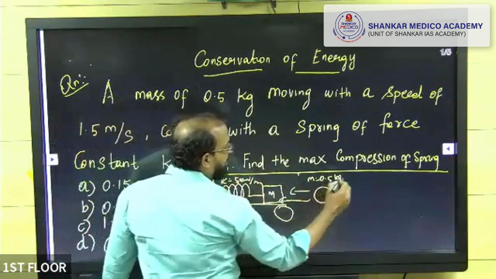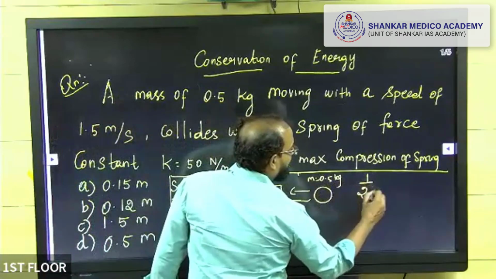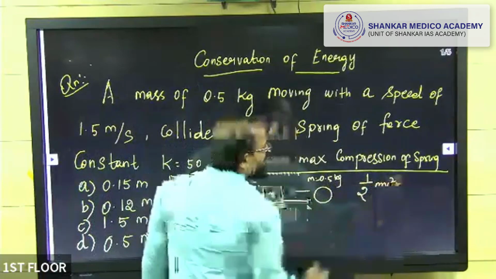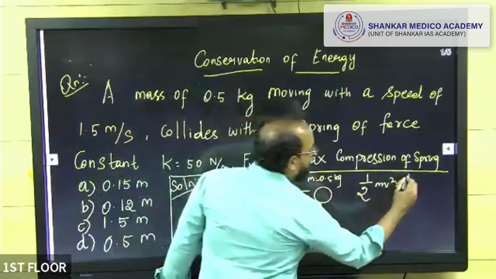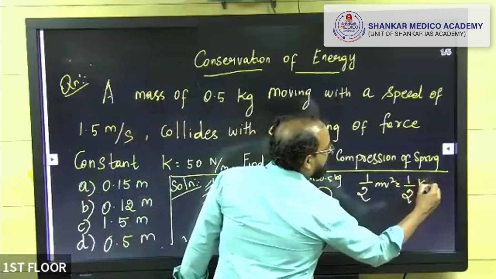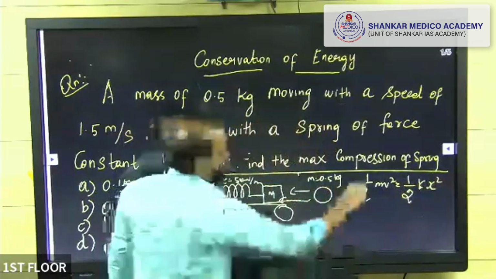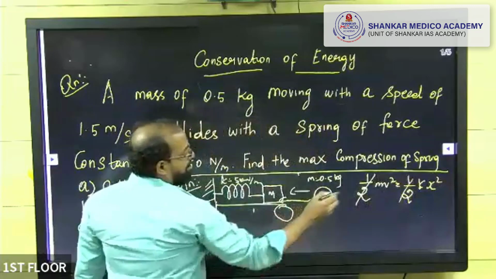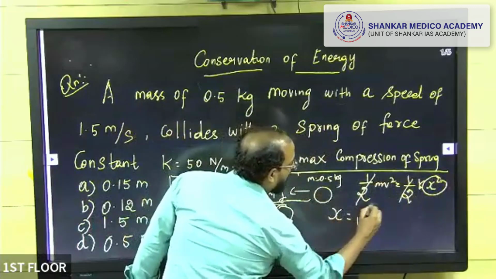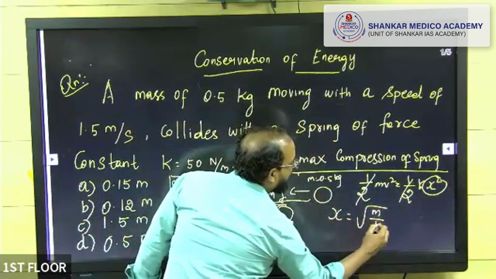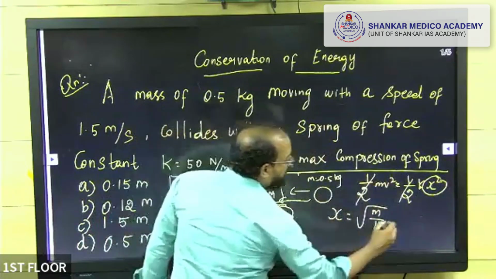So what is the kinetic energy of the ball? Half m v square. And for the spring, the potential energy will be half k x square. Just cancelling, you have to calculate this x. So x is equal to root of m by k times v, since when you take the root of v square it will be v.